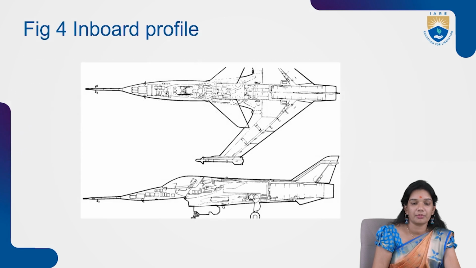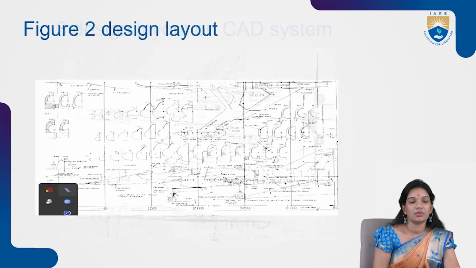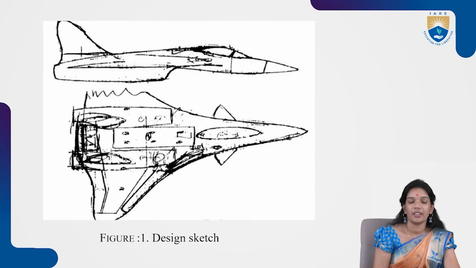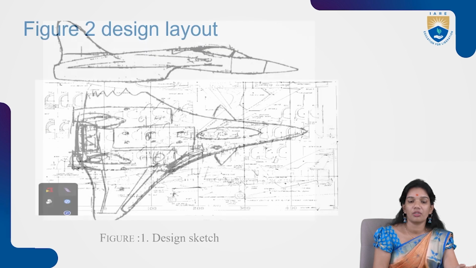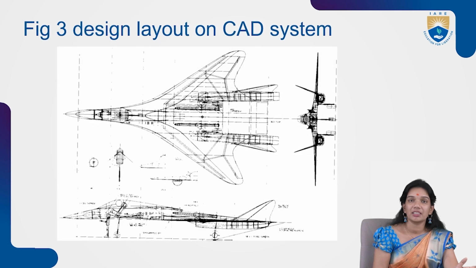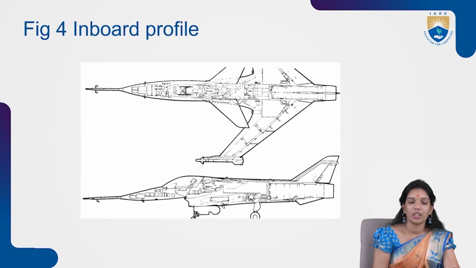That means, see here, when we have seen an initial sketch, my initial sketch would look like this, right? I just know that, yeah, this is how it has to be. But then you try to configure things, you try to analyze and optimize them, and then you finally come to a point where, yes, this is how the aircraft is going to look, with all the subsystems included, all of them running well according to good aerodynamics and good flight mechanics.